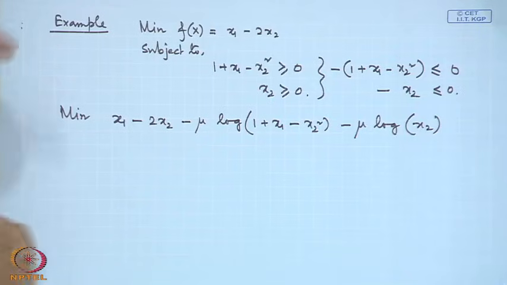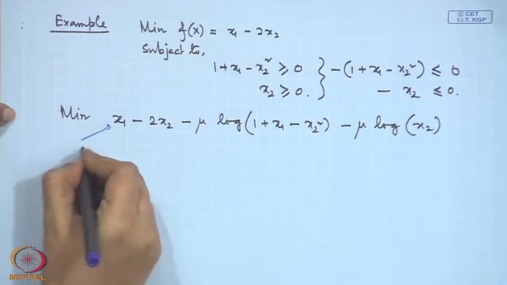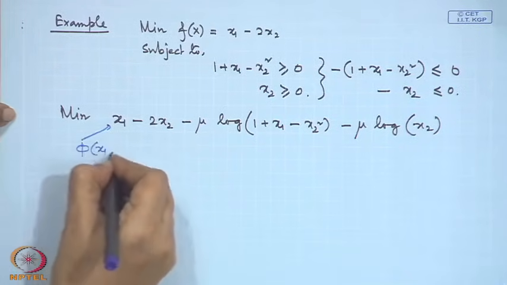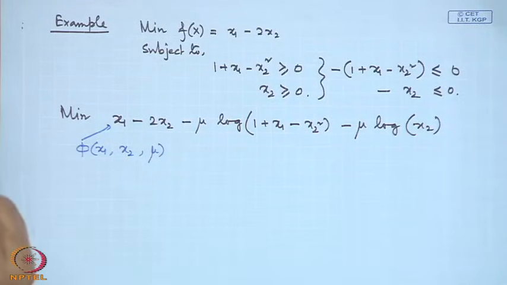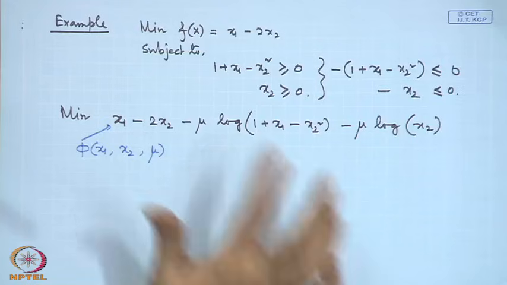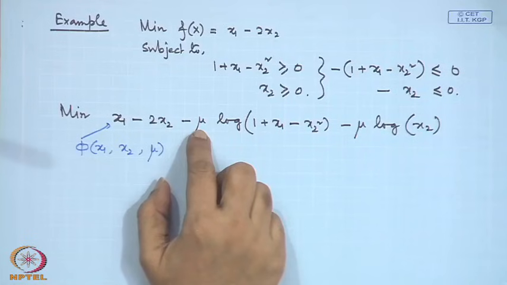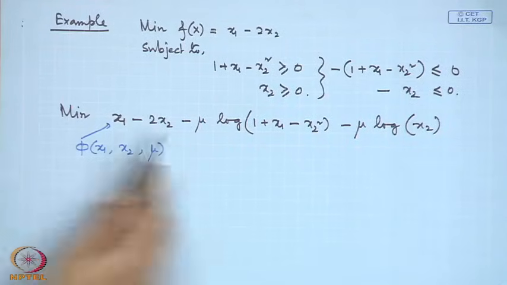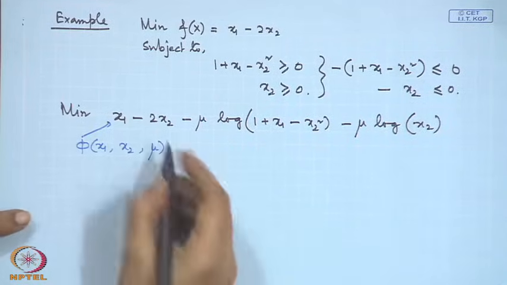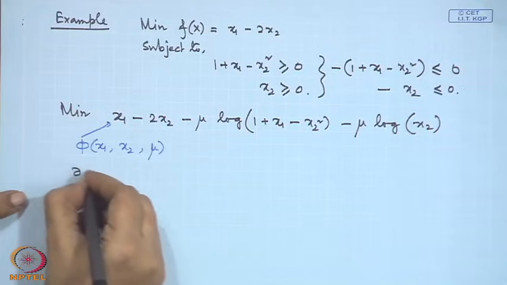Let me name this function phi, which is a function of x1, x2 and mu. Now we have to solve this by supplying different values for mu. We will start from a high mu value and approach mu tending to 0. But before that, let me solve this with the classical optimization technique.